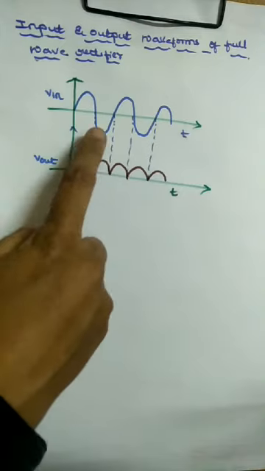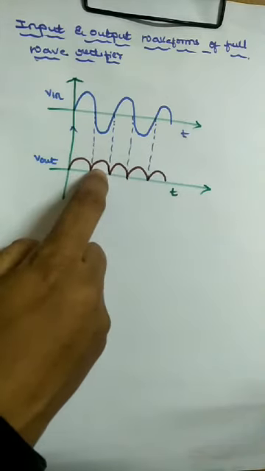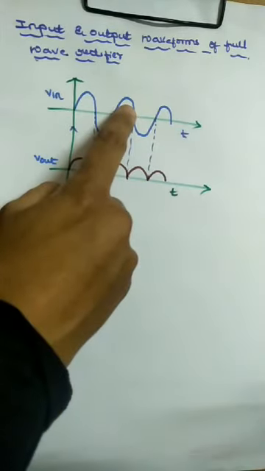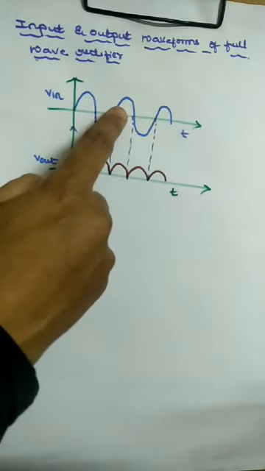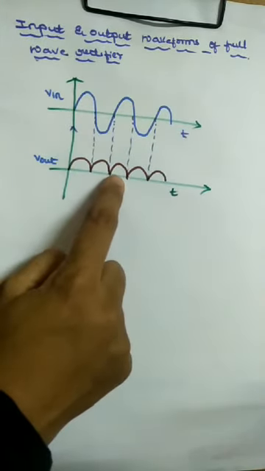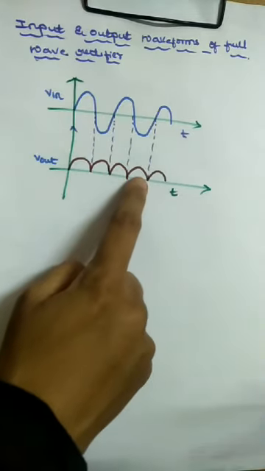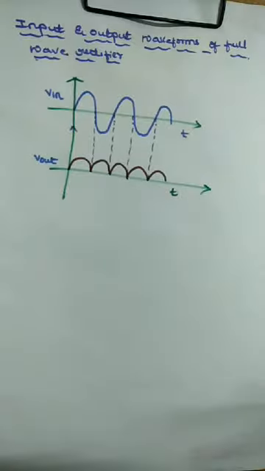In the reverse bias case, at point B, B becomes forward biased and current conducts again. Similarly, during every half of the cycle it conducts current. So this is the output waveform of the full wave rectifier.